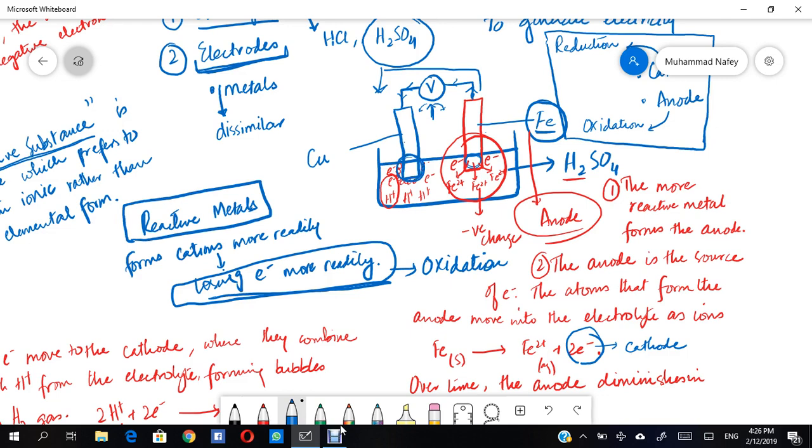So as the reaction proceeds, more and more bubbles of hydrogen gas will surround the cathode and stop the hydrogen ions in the solution from interacting with the electrons that are coming to the cathode from the anode. Therefore, this production of electricity in an electrochemical cell is a self-limiting reaction.